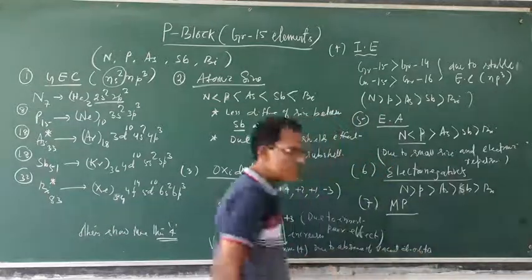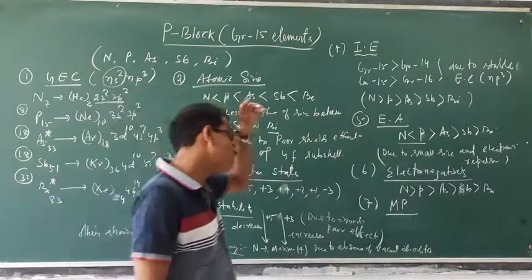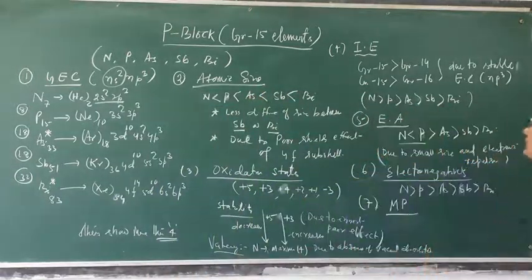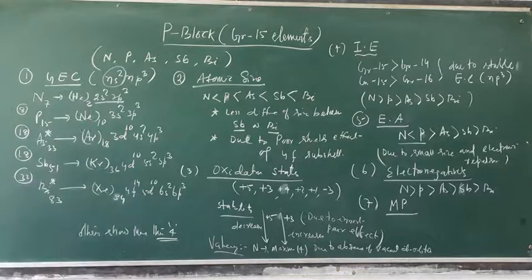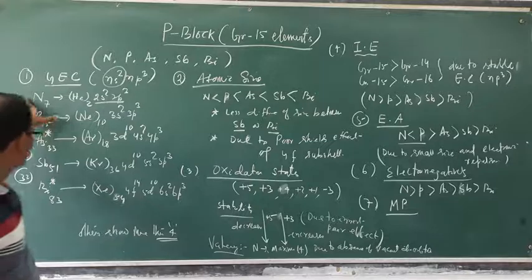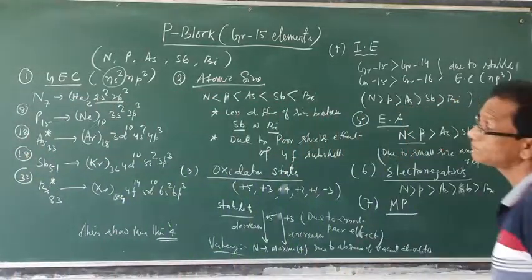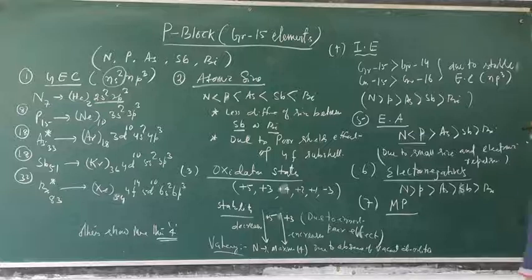Melting point order, if you discuss it generally, compared to structure, nitrogen, phosphorus, arsenic, and here antimony and bismuth melting point is less compared to the others. So for nitrogen, phosphorus, arsenic, melting point is generally higher, and antimony and bismuth is less.